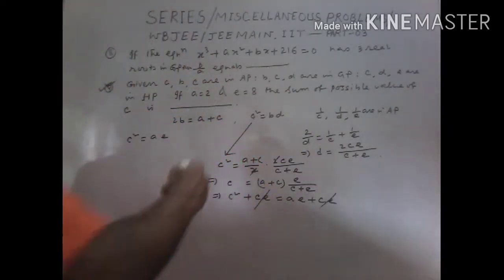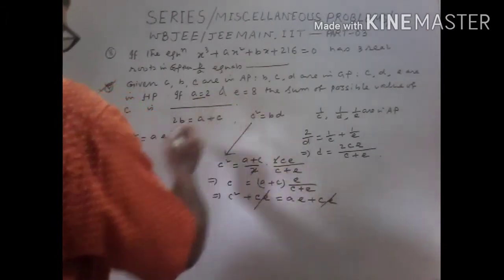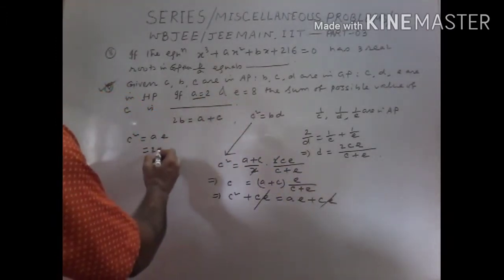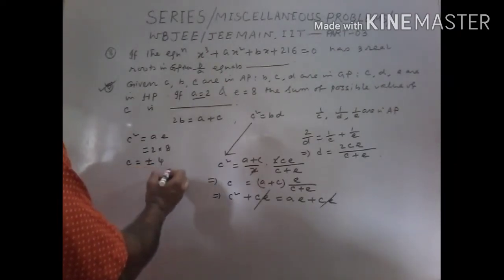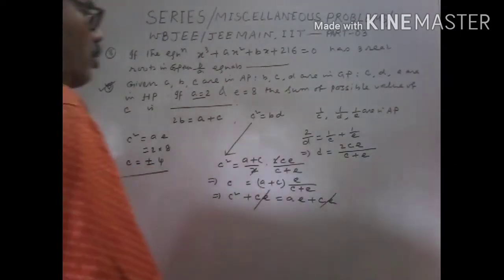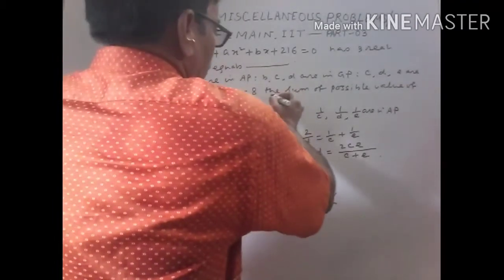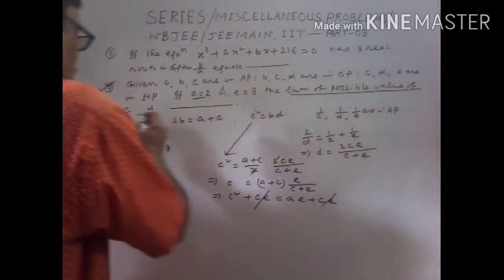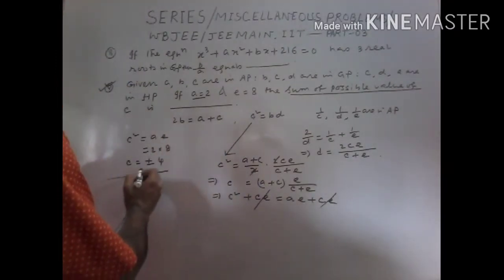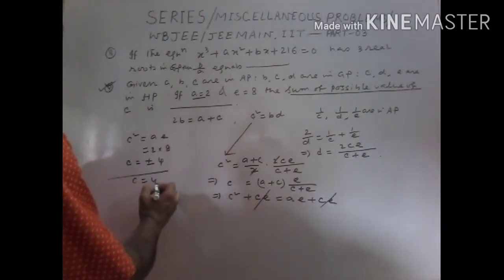Now here two additional conditions are given. A equals 2, E equals 8. So C equals plus minus 4. Now look at the language: sum of all possible values of C. So C is 4 and minus 4.